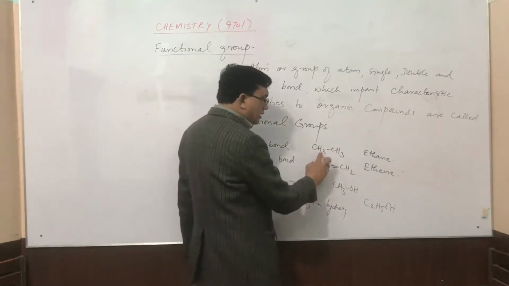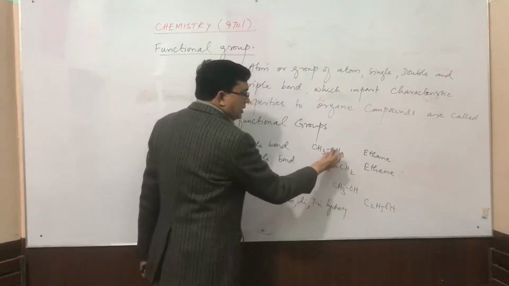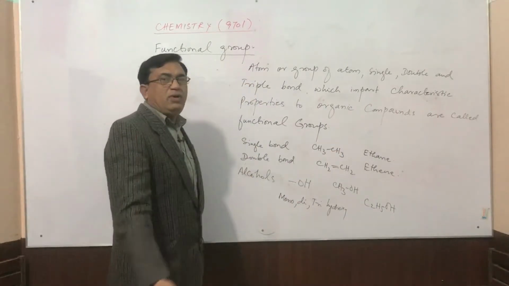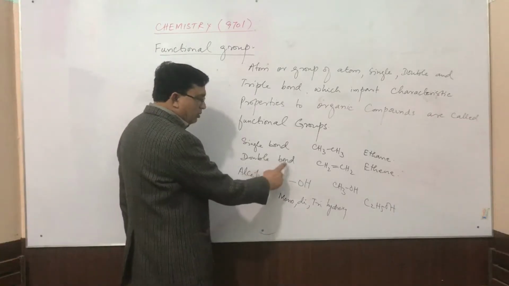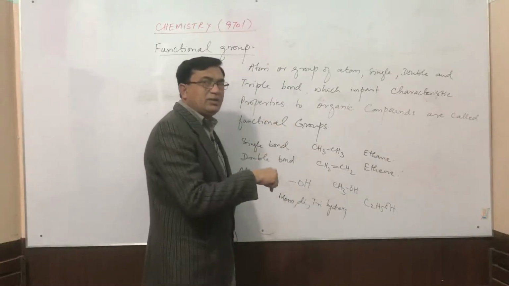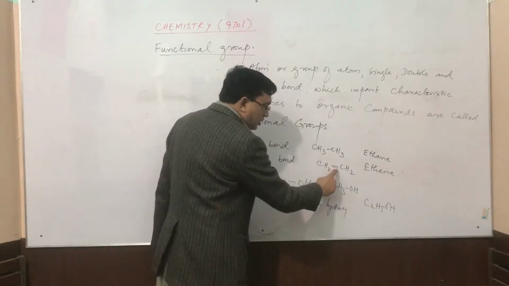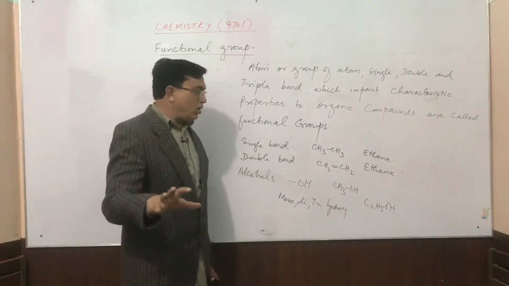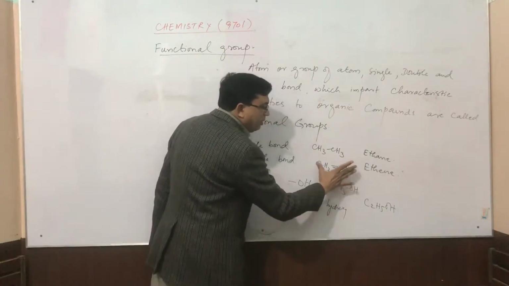In case of ethane, all bonds are single, so it has different properties from all others. In case of double bond, the first member is ethene, but due to the presence of this double bond, this compound has totally different properties from this compound.